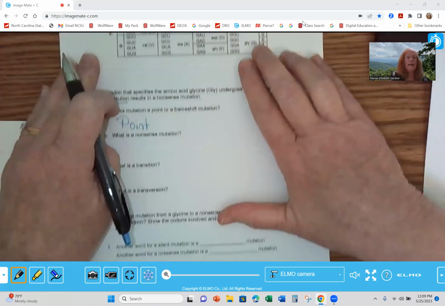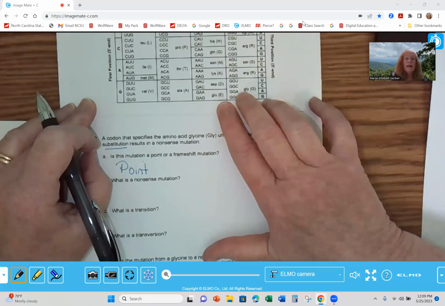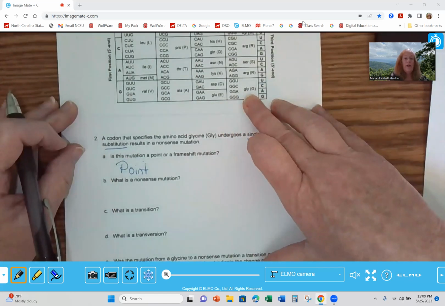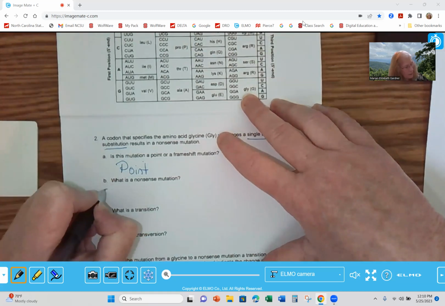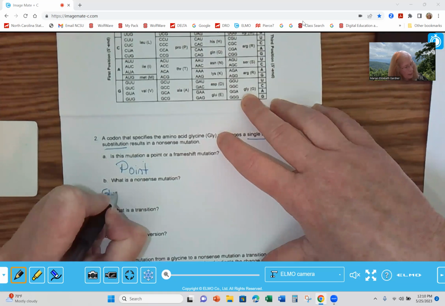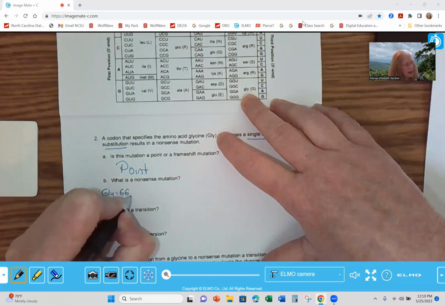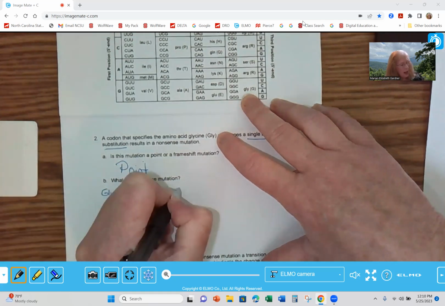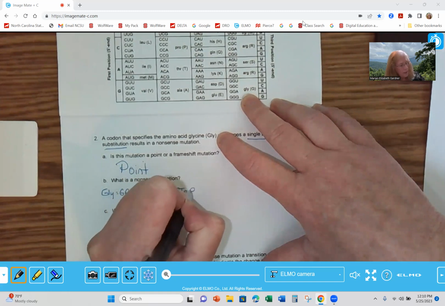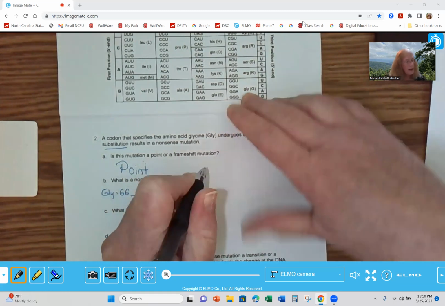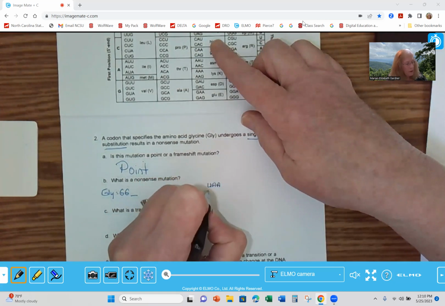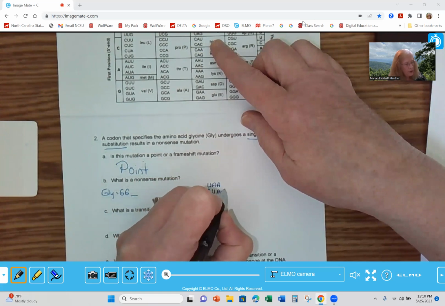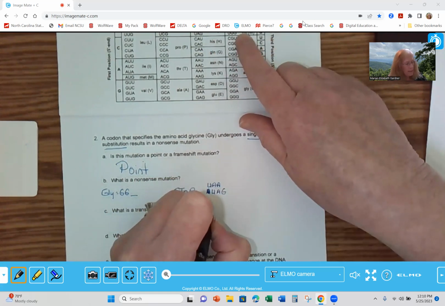We can look a little bit at our coding dictionary. We see that we started off with a codon specifying glycine. So glycine is G anything, and the stop codons are UAA, UAG, and UGA.